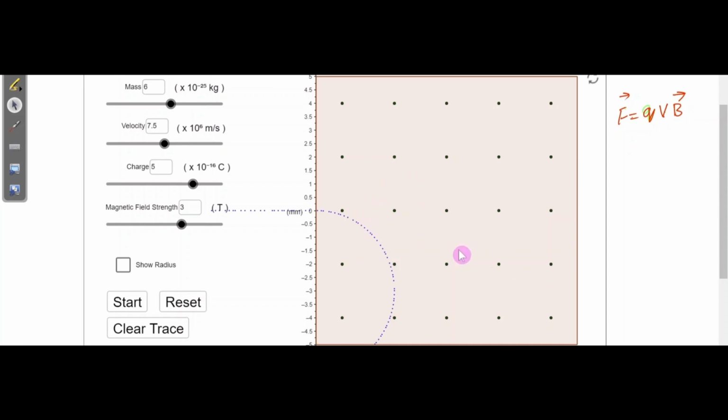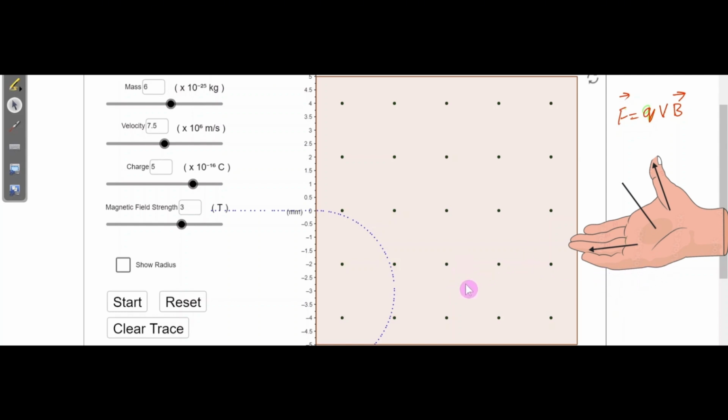And the direction of this force is determined by the right hand rule. Here the thumb represents the motion of the charged particle, and the straight fingers represent the direction of the magnetic field.